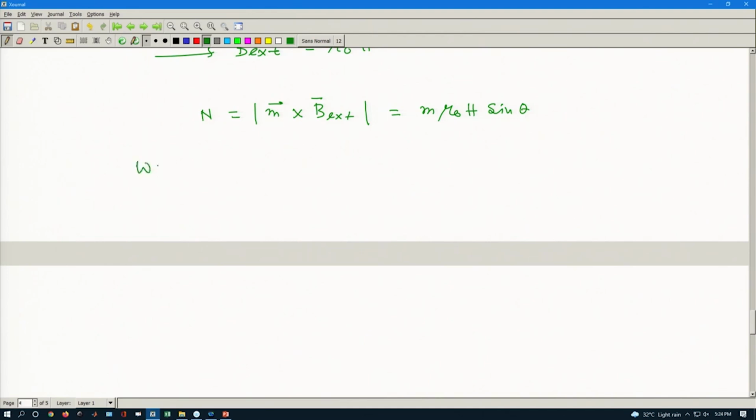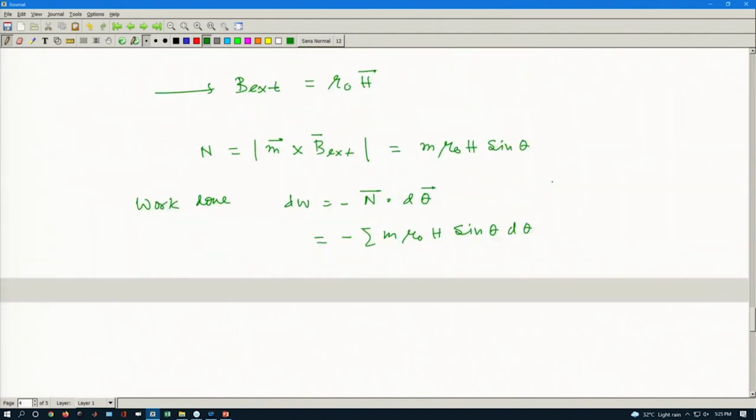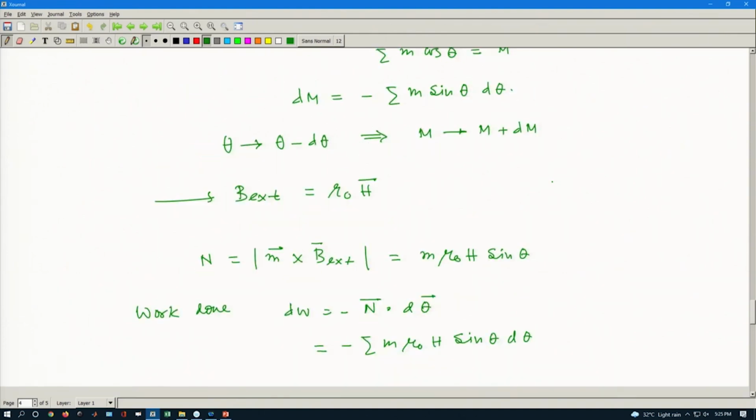The work done that we also calculated, dW, should be minus of n dot d theta, because it is rotating by the amount d theta. So, this value is simply minus m mu 0 h sin theta d theta. Now I can write this dW, because mu 0 h is B external, and I already calculated that dm is equal to m sin theta d theta.